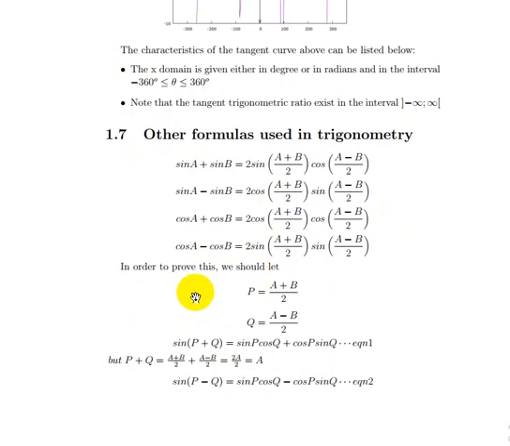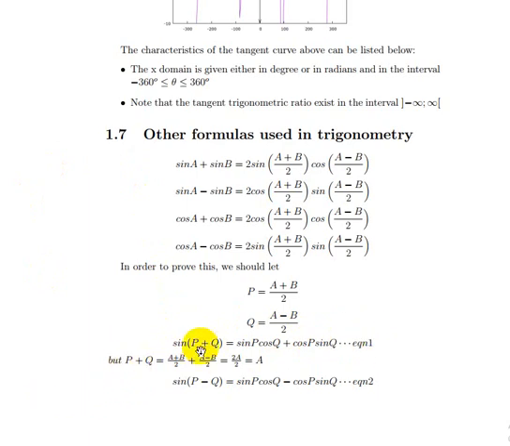Now we are going to have a small proof of one of them. In order to prove them, we let P equal (A plus B) all over 2 and Q equal (A minus B) all over 2. Now sine of (P plus Q) equals, from the formula written above, sine P cos Q plus cos P sine Q, equation 1.